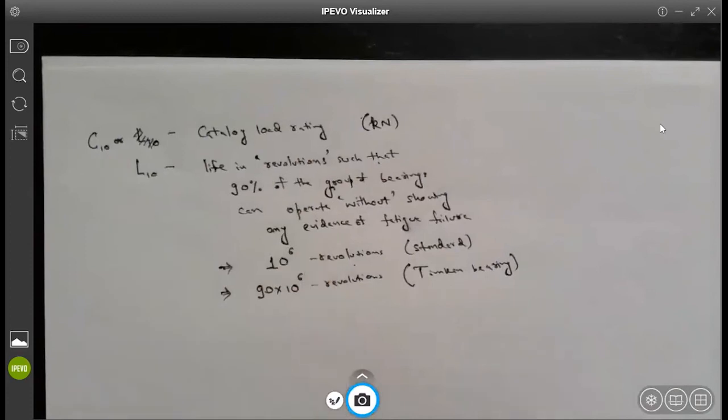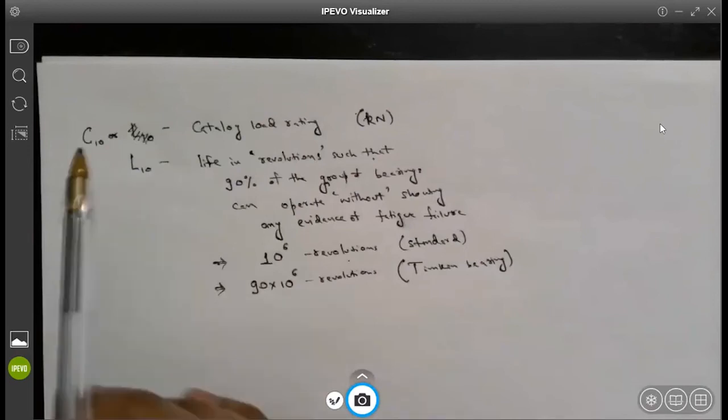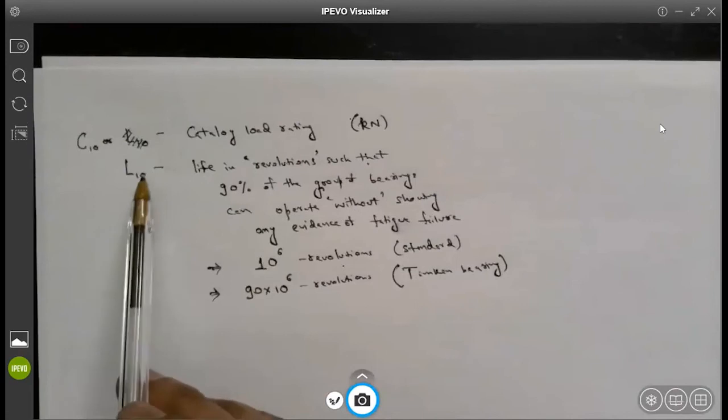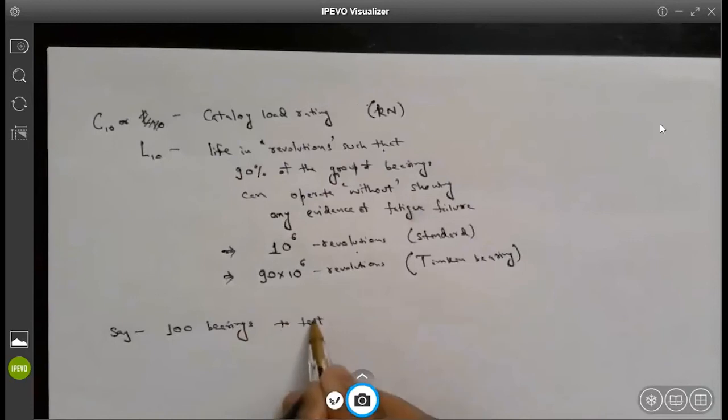So what it basically means here, let me try to explain. When we talk about L10 life, it basically means that, let's say I have 100 bearings to test, or I'm a bearing manufacturer and I produce a set of bearings and I'm just using 100 bearings. Why am I looking at 100 and not only one?